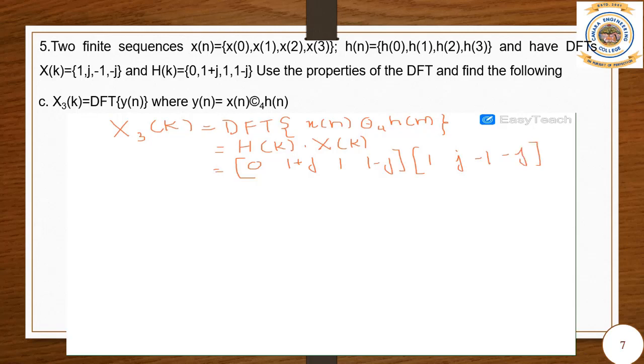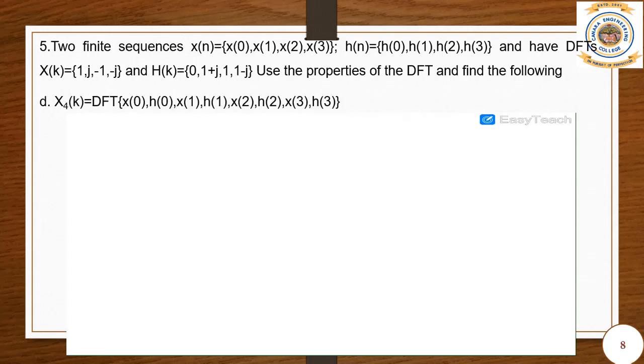So this gives rise to 0. It is j minus 1. This is minus 1 minus j, it is minus 1. This is the answer. We will try to solve the fourth problem.